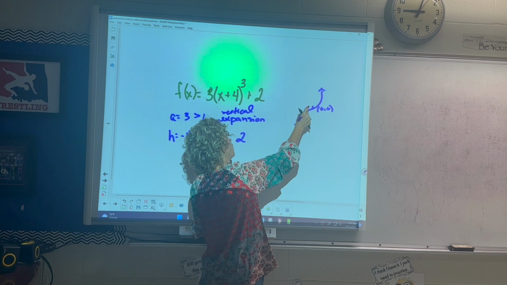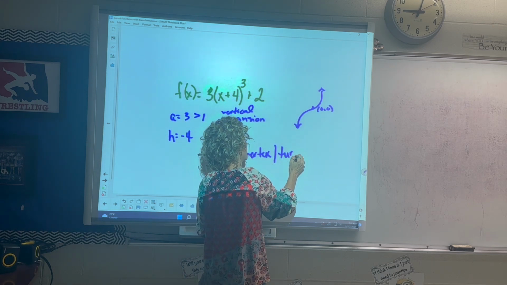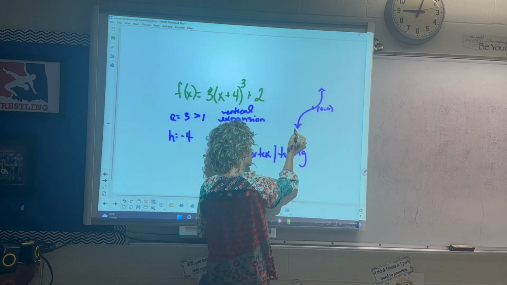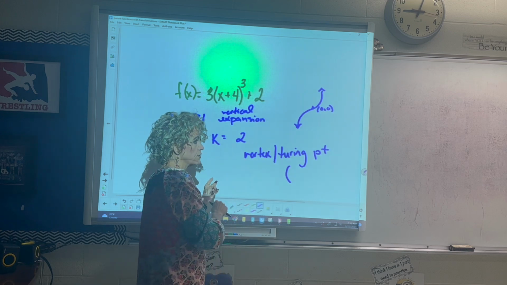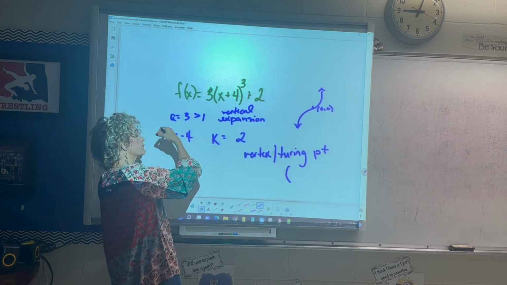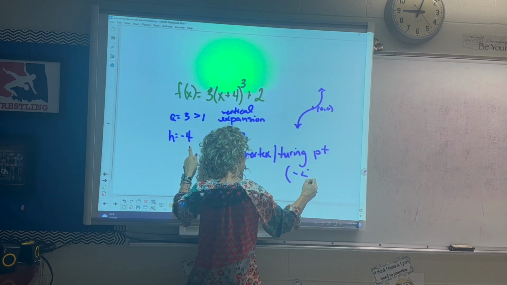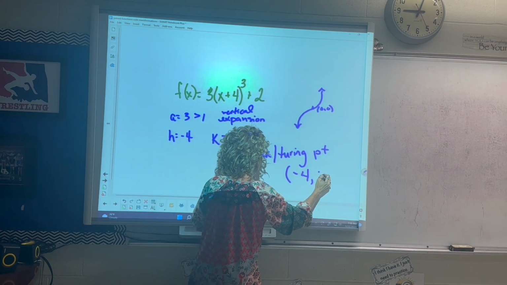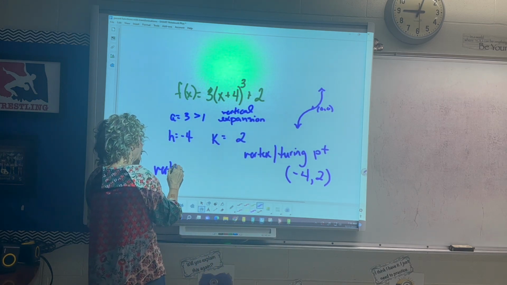So my turning point or my vertex, and I'm going to also put turning point because it turns there and goes down. My turning point from my parent function changed from 0, 0 to my H value, negative 4, comma, K value is 2. And I have a vertical expansion.